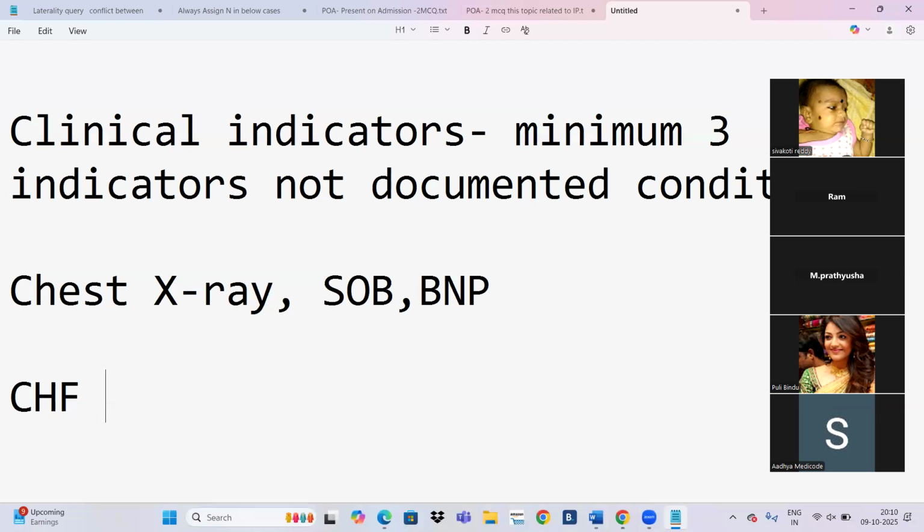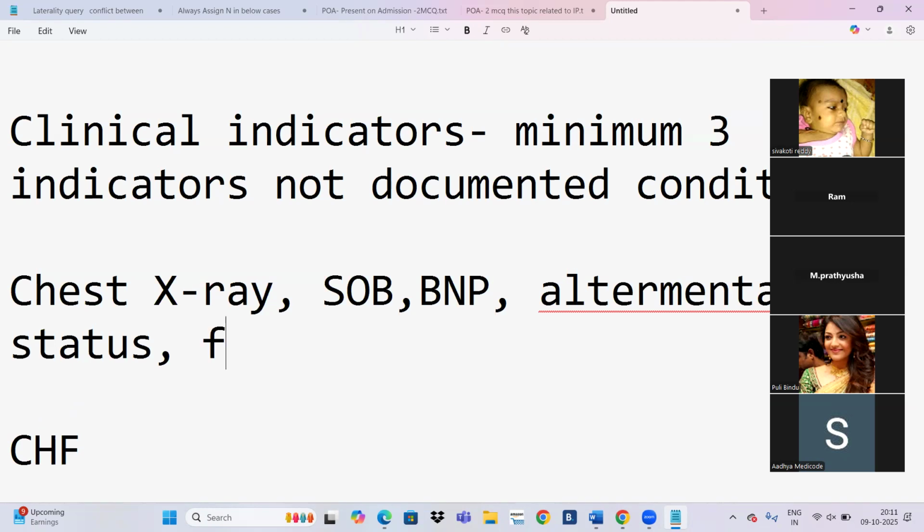Now, based on the indicators or clinical evidence, you may be unable to find which condition the indicators are supporting, as the clinical evidence supports multiple conditions. At that time, they gave altered mental status, fever, like this multiple indicators. How do we need to raise the query? For which condition, we don't know.